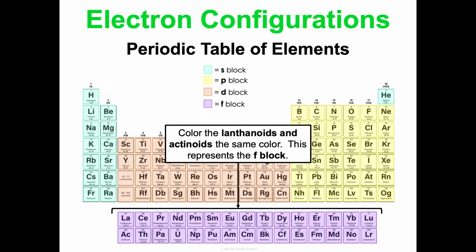But another argument is if you look at the electron configurations of these two elements, element 71 and 103, we see something different. They have a d block electron. So some argue that these two elements should be up here in the d block. Others argue that these two should be up here in the d block. I have linked an article that I can print out for you if you want to read this debate.